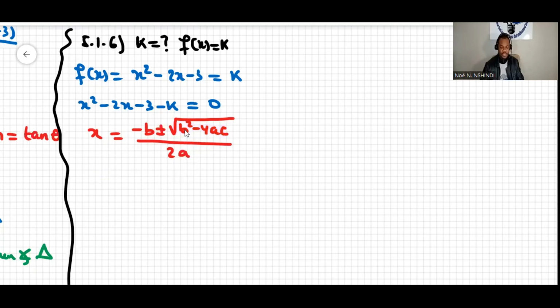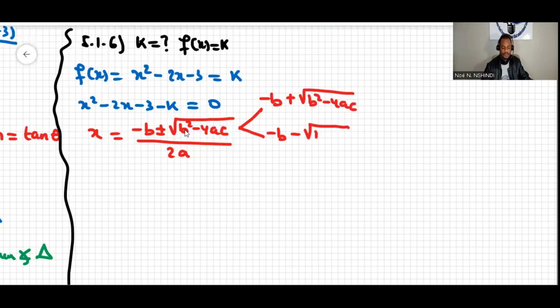Okay, that's the quadratic formula. Because over here it generates two solutions, I will just want to show the proof. So that'll be negative b plus square root of b squared minus 4ac, and negative b minus square root of b squared minus 4ac.